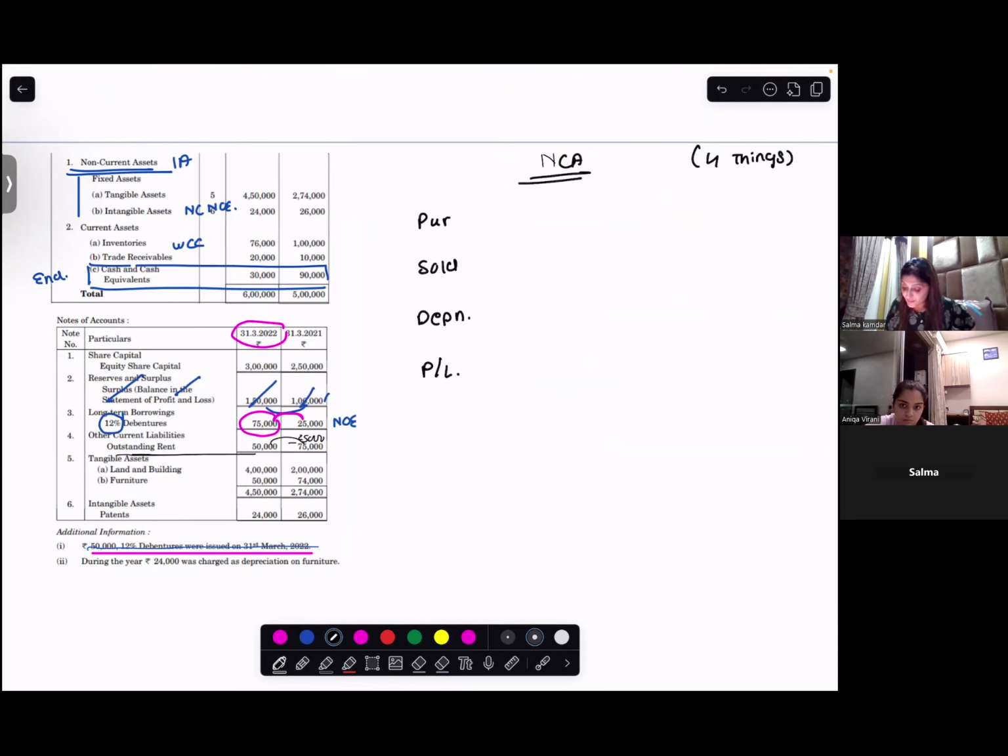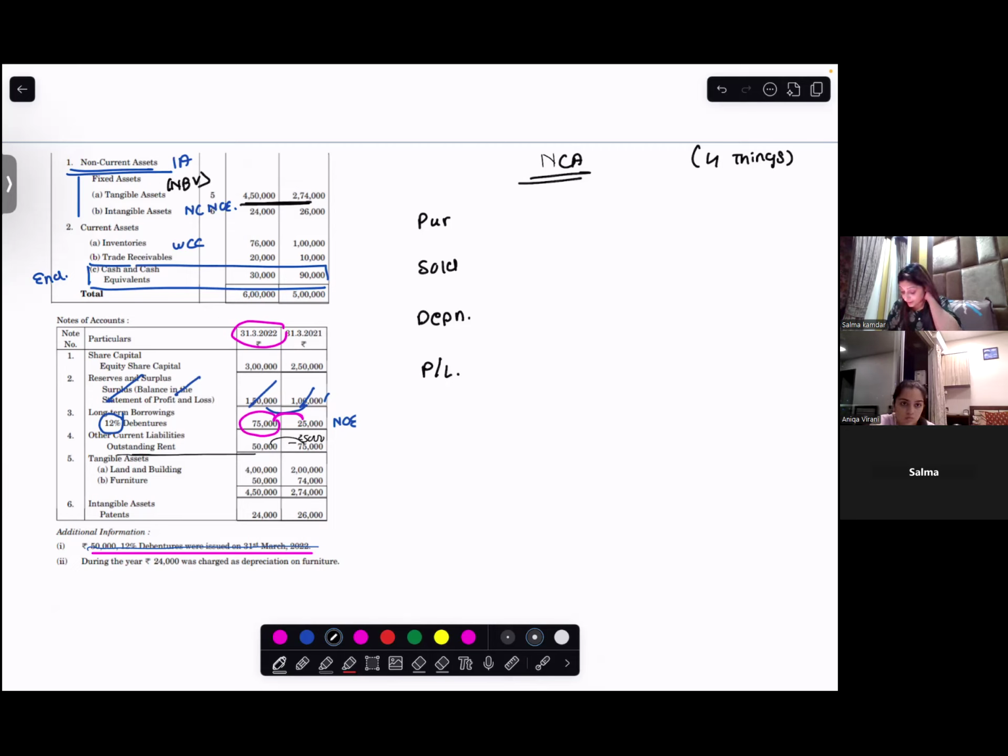Okay, fine. So first I'm taking the tangible assets. I have two tangible assets, land and building and furniture. There is no provision for depreciation given. That indicates this is at net book value.